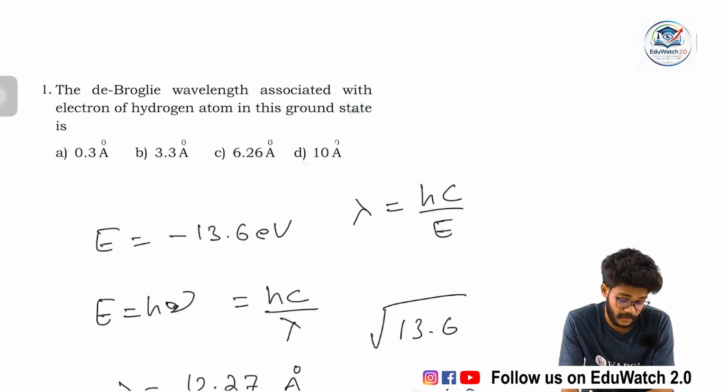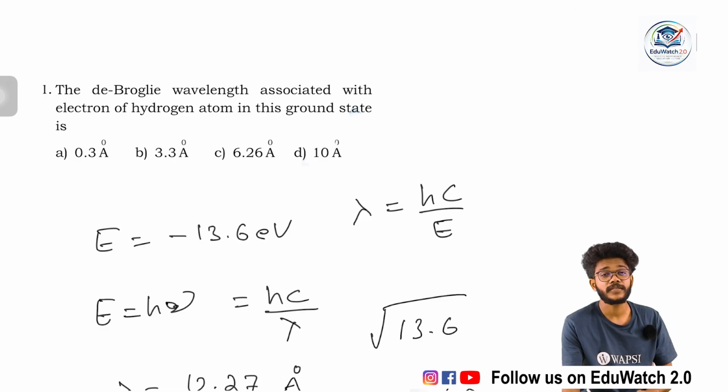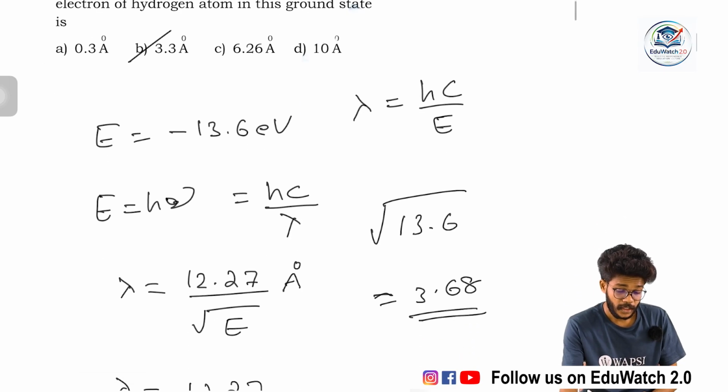So in here our option is 3.3 angstrom. We can choose option B as the correct answer.